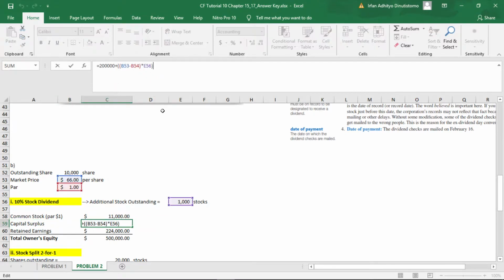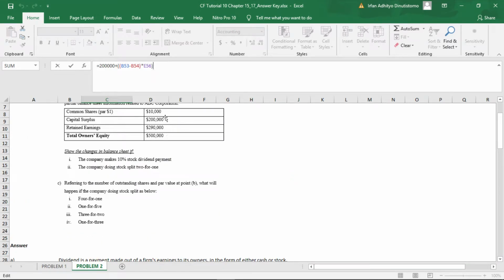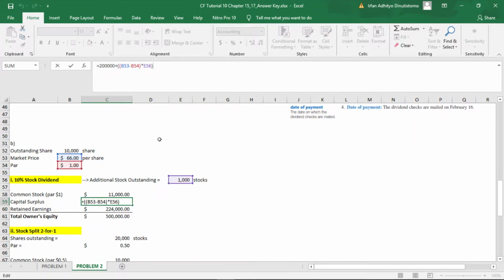Because if you look closely, they have a capital surplus of $200,000, right? And if they issue a share at $66 per share, this is the price that investors need to pay to buy the share.